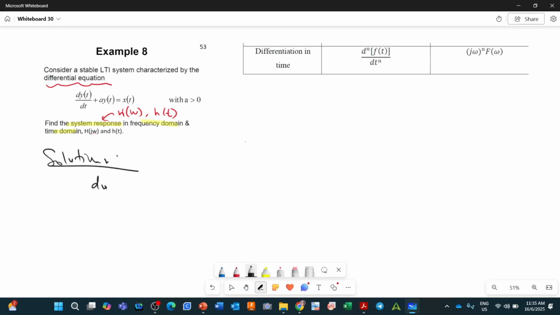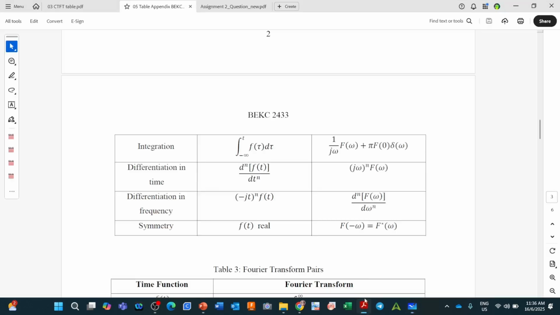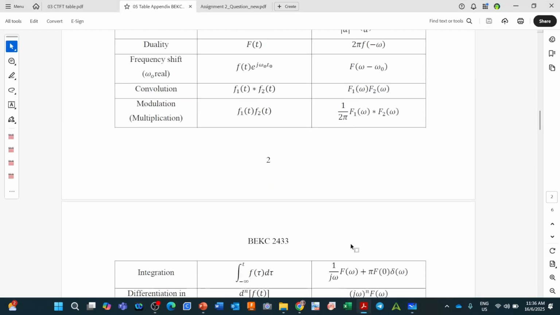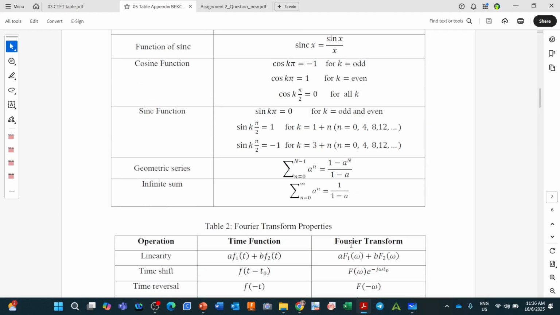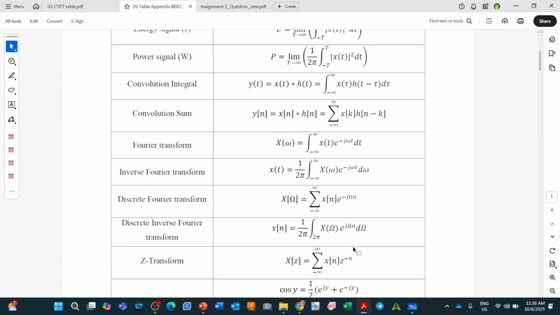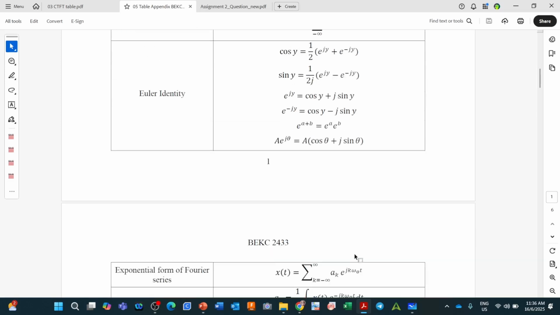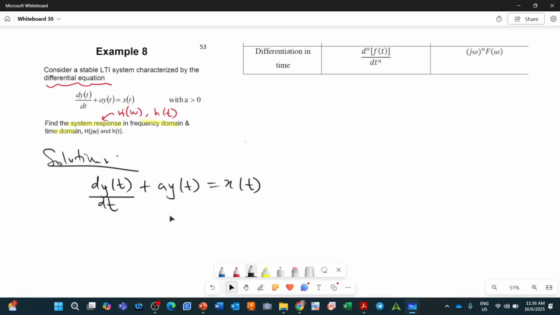write first the equation dy/dt + ay(t) = x(t). If you look at this equation, what is the n here for the differential equation? 1, right? So directly if you substitute 1, what do you get?